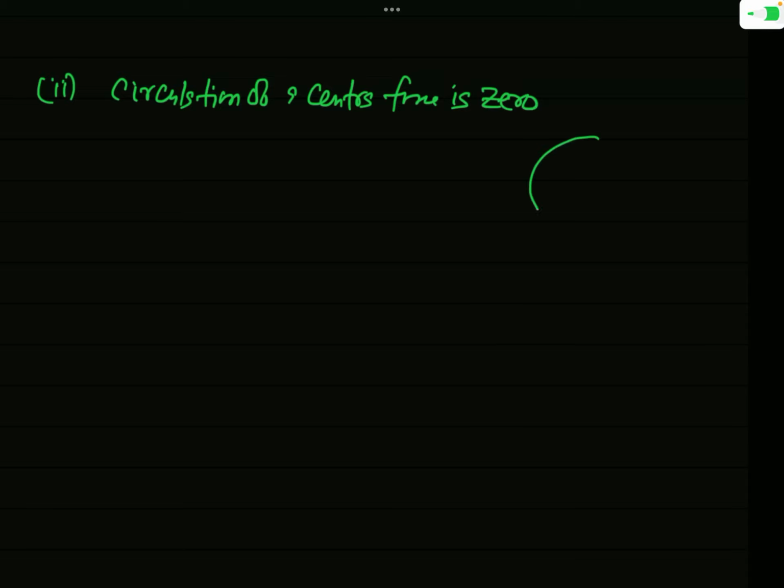Circulation means if you find the tangential line integral of the central force along a closed curve, let us say this C is a closed curve, and if you find the integral of the central force F dot dr along this closed curve C, then you will see that it is equal to 0.